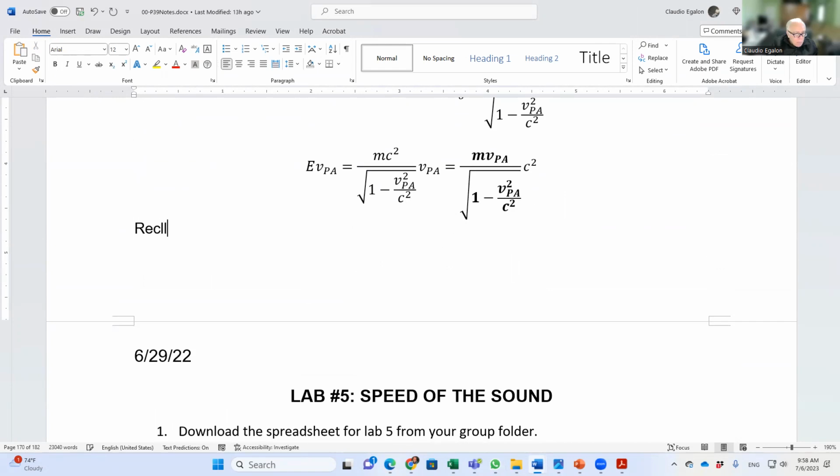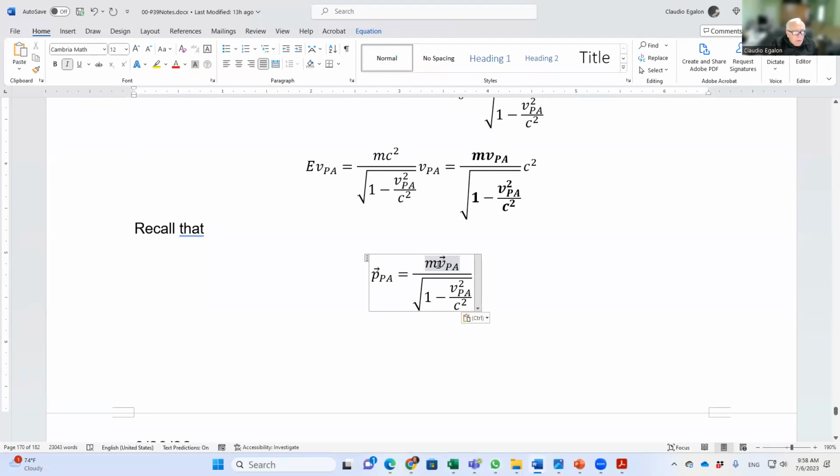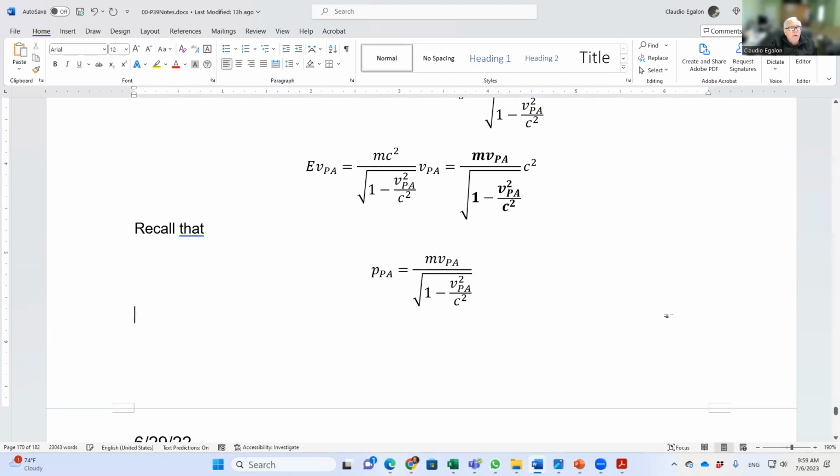Recall that, okay, we can use vectors, no problem. Well, I'm not going to use vectors. Let's take out the vectorial symbol here. Let's just deal with the scalar. That's what we have right in here, right?